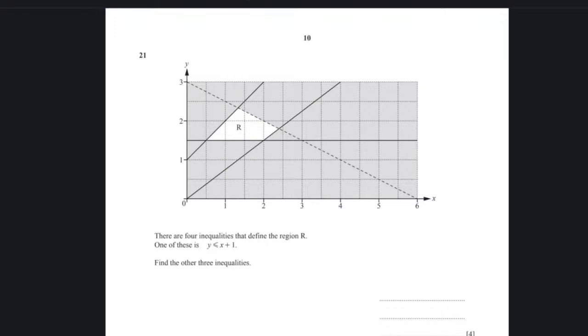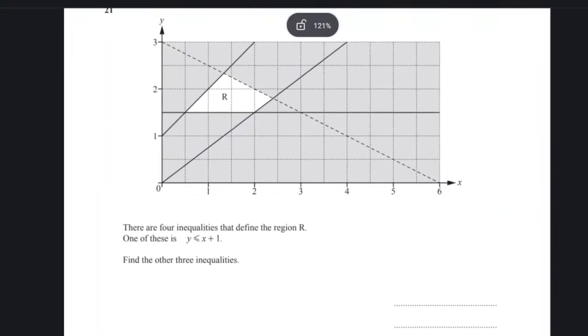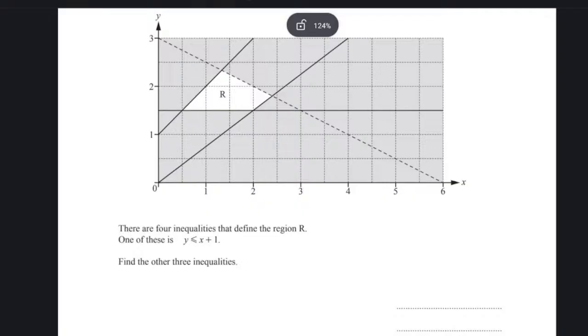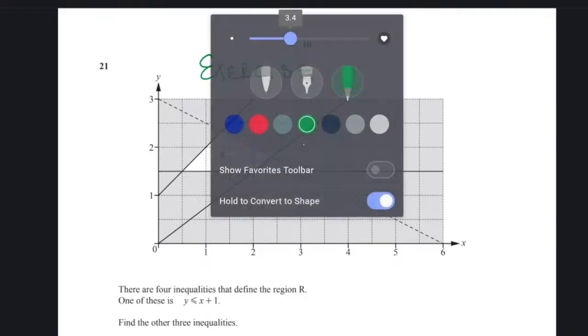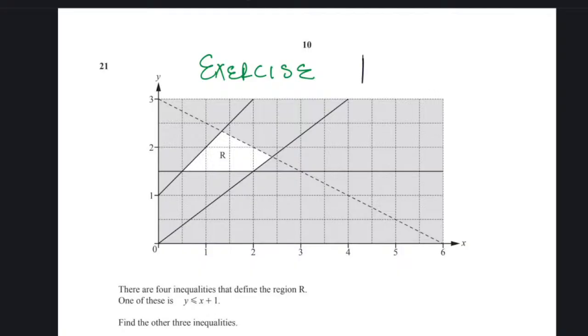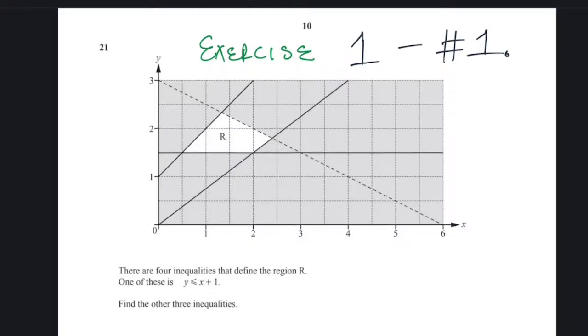Can you do this one, please? This is exercise 1. This is the first time I've given you an in-class exercise. This is exercise 1, and this is number 1. This is the first question I want to see in my exercise.